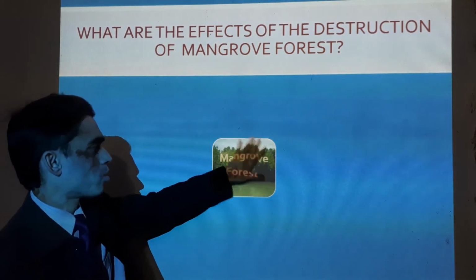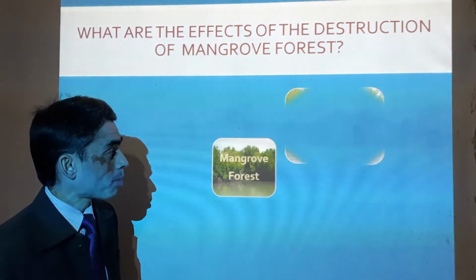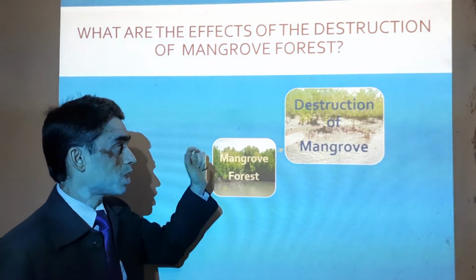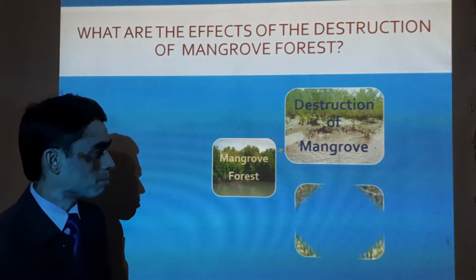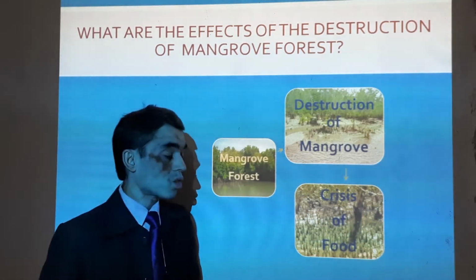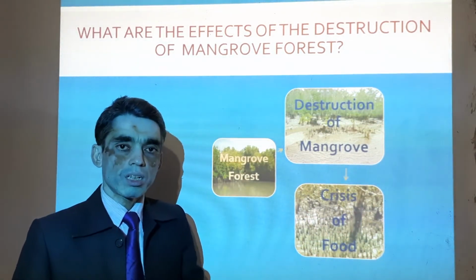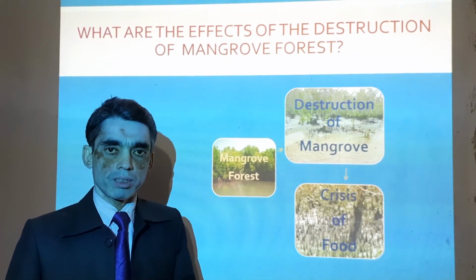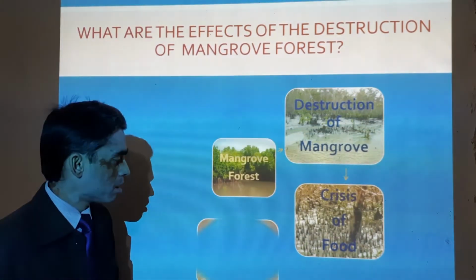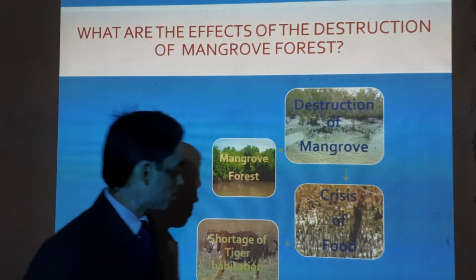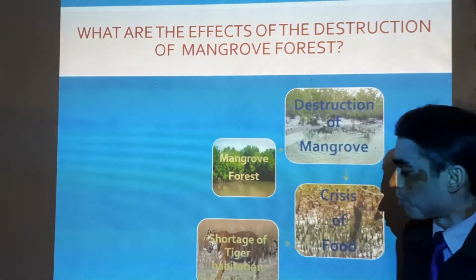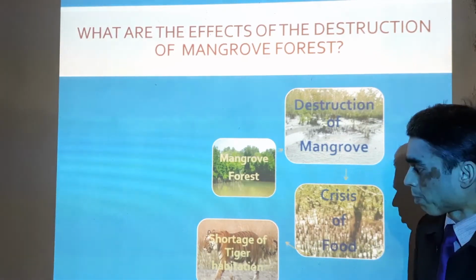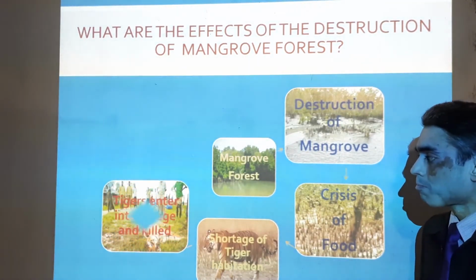Suppose this is mangrove forest. If this mangrove forest is destroyed, or if we lose this mangrove forest, what will happen? There will be a crisis of food for wild animals, especially the Royal Bengal tigers. And next, there will be a shortage of tiger habitation. The tigers will lose their living place. And then what will happen?